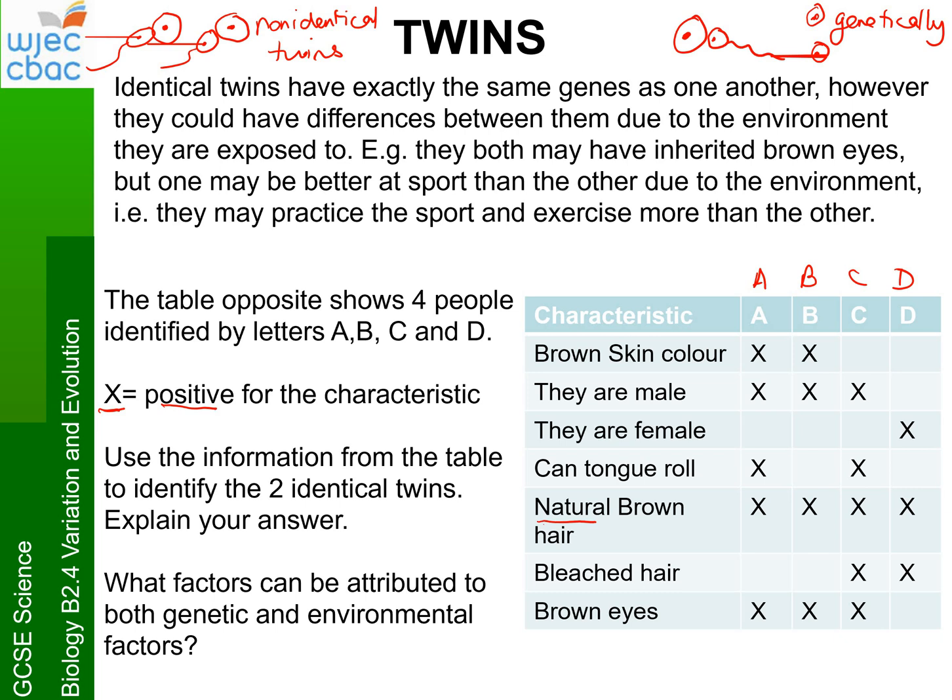And D definitely can't be a twin of any of A, B and C because D is a female. So they cannot be genetically identical. Genetically identical twins always have to be the same sex because they have exactly the same genes. And if one is male and one is female, one has bits that the other one hasn't got.